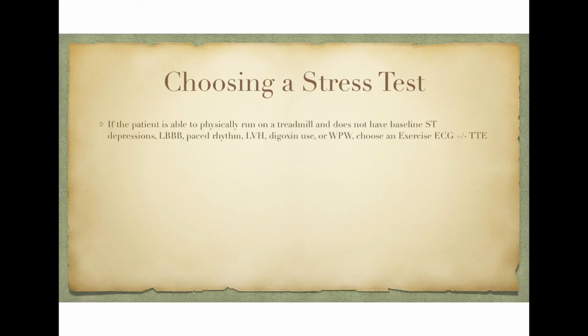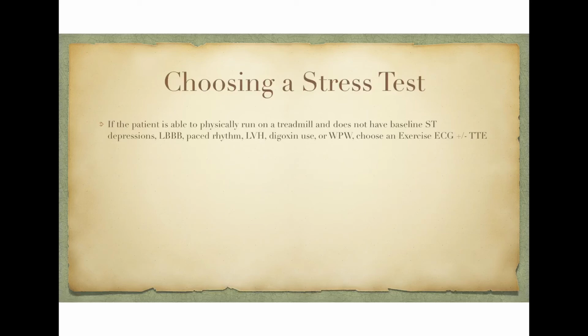So in order to choose the right stress test for your patient, you need to know their exercise capacity as well as whether they have any specific contraindications to certain imaging modalities or pharmaceutical agents.